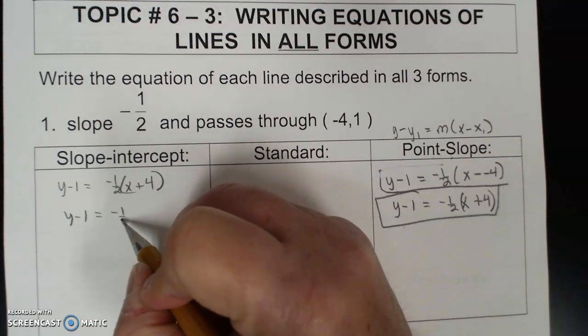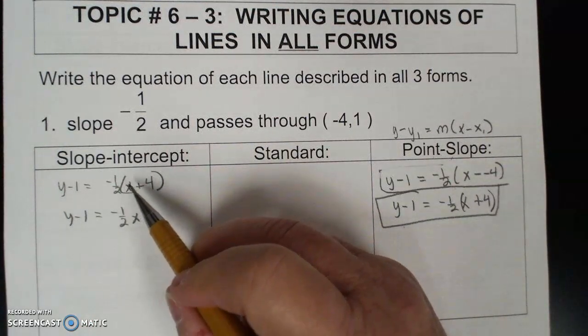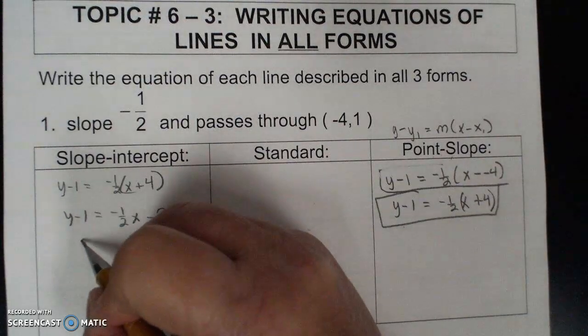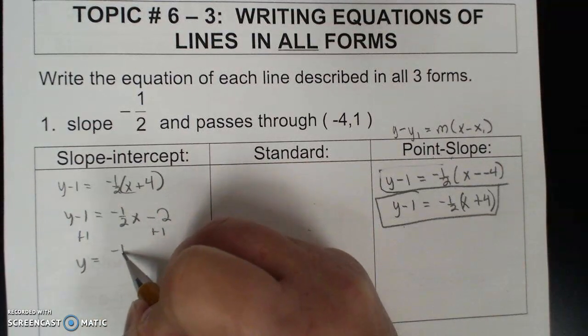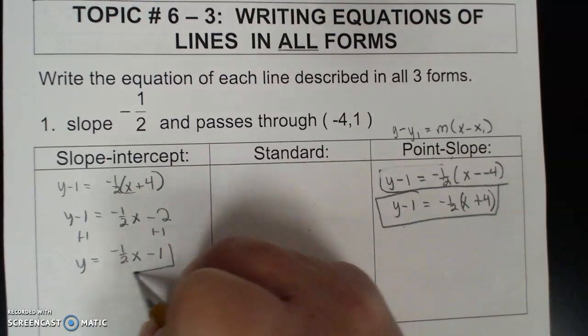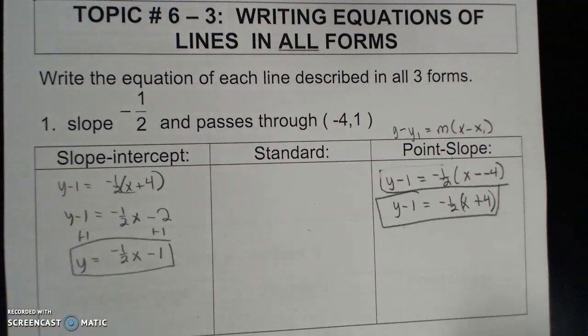I'm going to distribute 1/2 x. This is going to be negative 2. Going to add 1 to both sides. y equals negative 1/2 x minus 1. I now have it in slope-intercept.